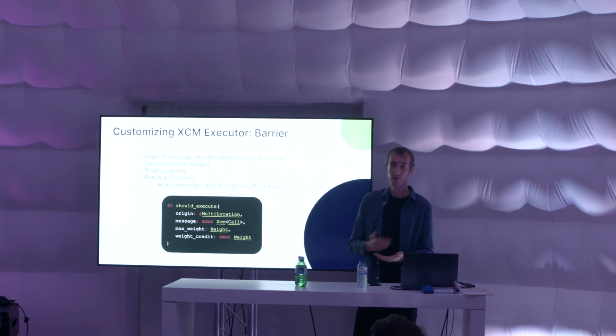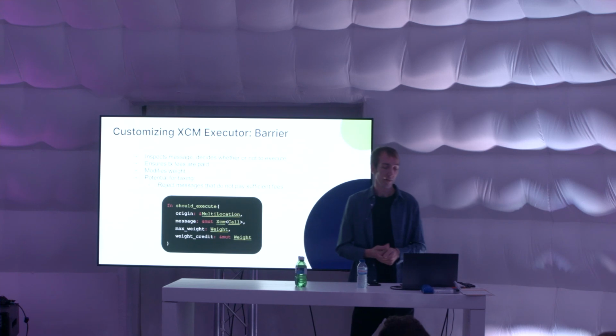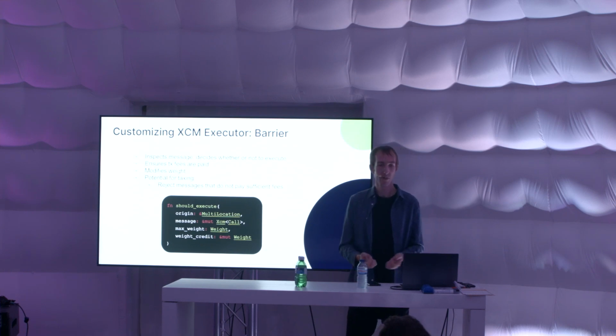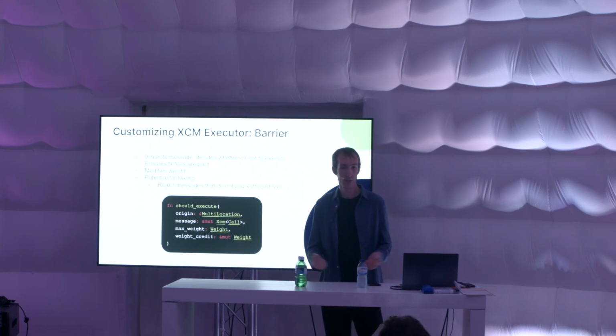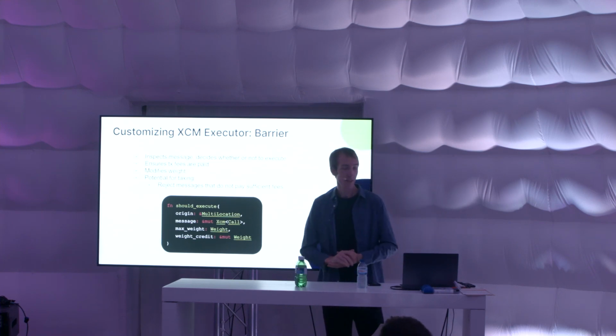So I want to explore how we can implement this taxing, because XCM doesn't really support this very well. Like I said, it's really only meant to pay fees for execution, and that's it. So one of the ways that we can customize it is by changing the barrier.